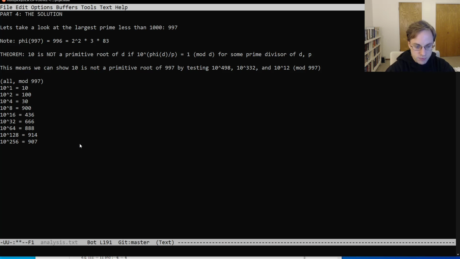Okay. So how does this help? Well, you'll recall from our observation up here, we need to check each of these values to see if they're congruent to 1 mod 997.